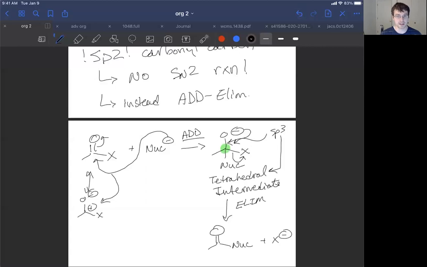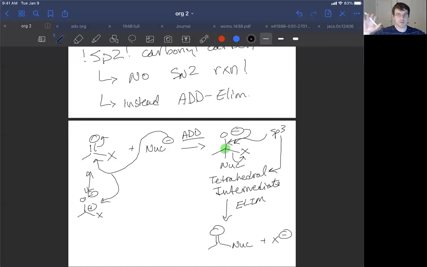I'm going to try to say things like, here's the addition, here's the tetrahedral intermediate, and here's the elimination. Sometimes we have to do some special stuff, like if you look at the Fischer esterification, we protonate the carboxylic acid first, then we add, the intermediate is tetrahedral, we eliminate, we still need to lose that proton to regenerate the acid catalyst, but then we're back at our product.